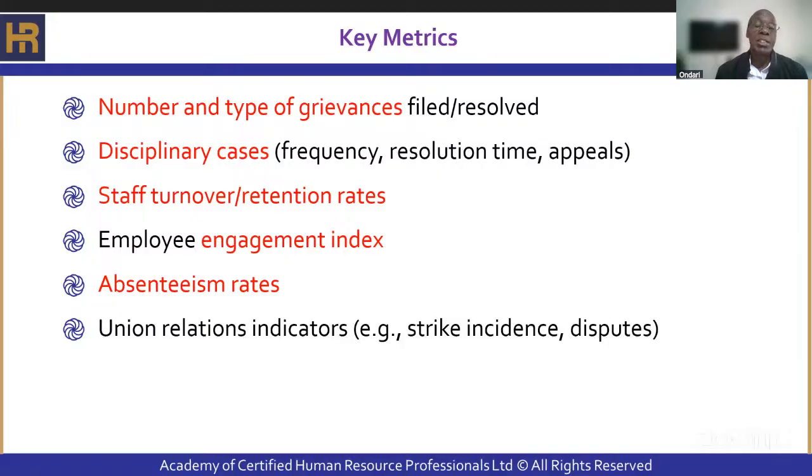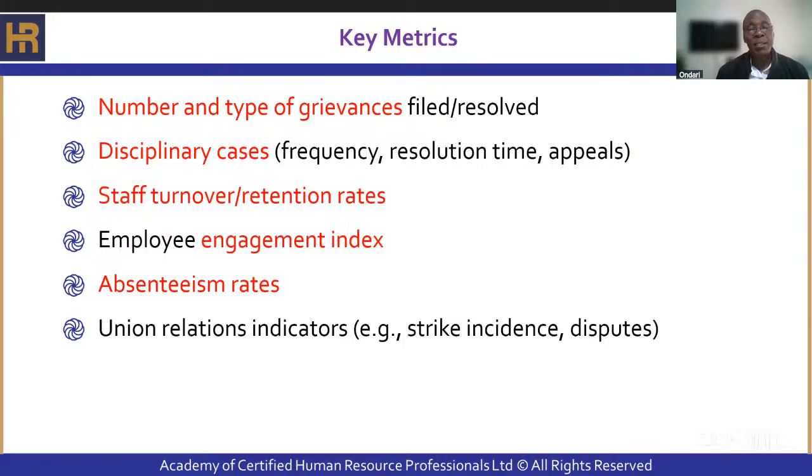Staff turnover or retention rates based on employee relations. If there are poor relations between employees and employers, then employees are likely to leave, and that is turnover. Engagement index, that is the level of satisfaction with the labor relations, and we can do that through a survey.